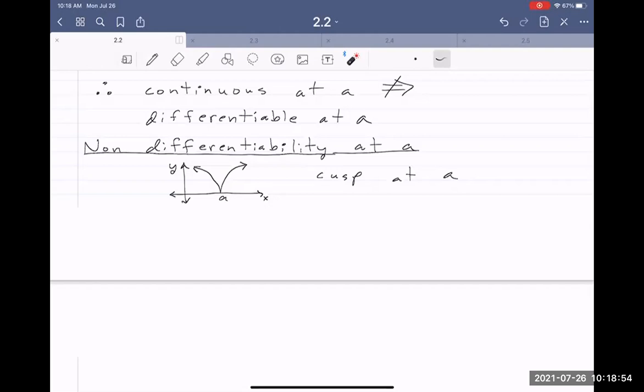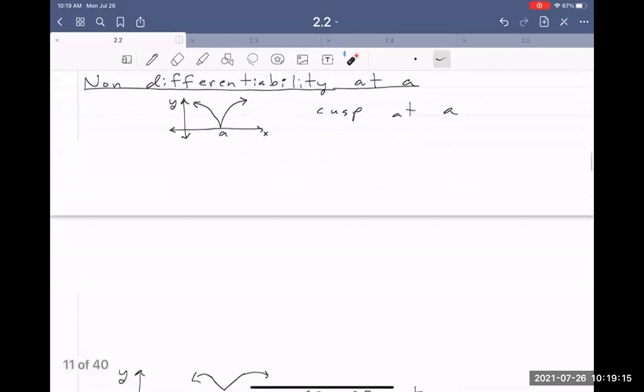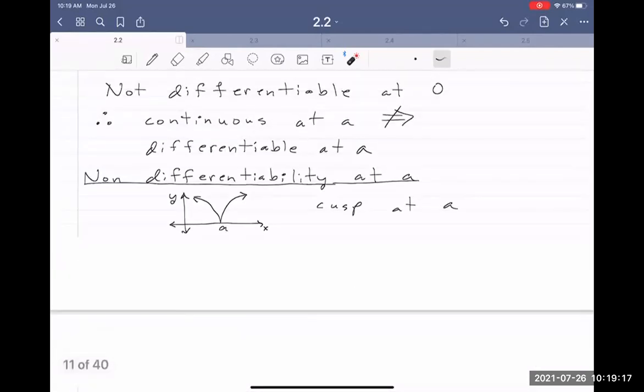They are right and left-sided limits, but I'm talking in particular about the derivative. If the right and left-sided derivatives are plus or minus infinity, and they are not the same infinity, then we have a cusp here at a. And that's what it looks like.